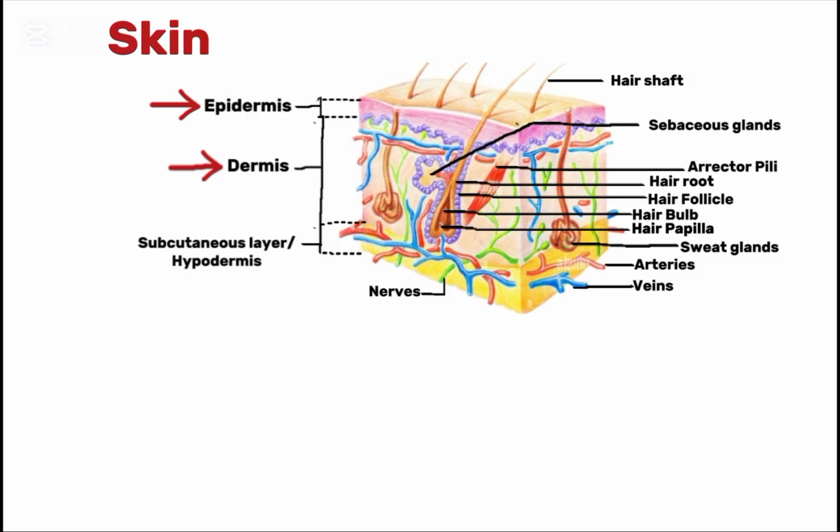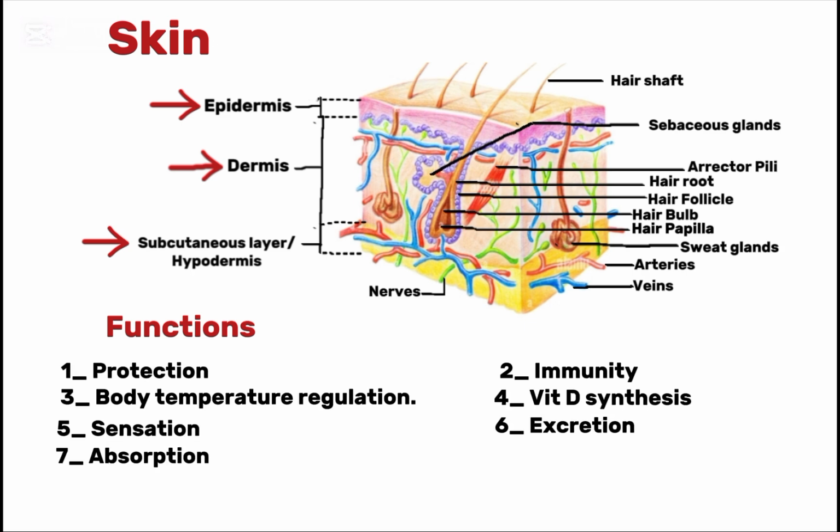Below the dermis is the fatty layer, that is the subcutaneous layer or hypodermis. Skin plays various important functions such as protection by acting as a physical barrier, providing immune defense, temperature regulation, synthesis of vitamin D, sensation, excretion, and absorption.